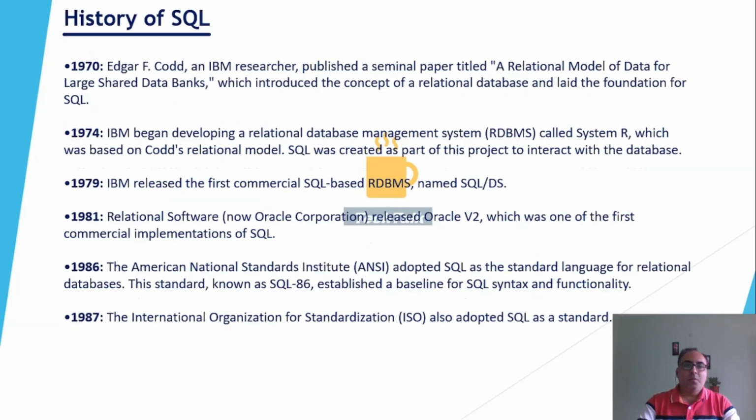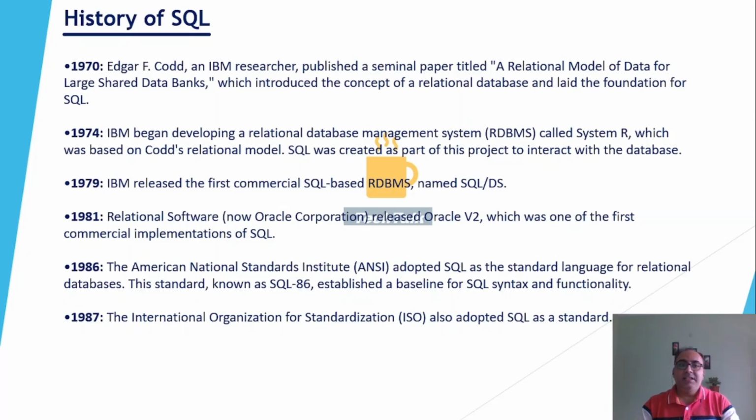Now we'll talk about the history of SQL. In 1970, Edgar F. Codd, who also gave the 12 rules of RDBMS called Codd's Rules, published a paper titled A Relational Model of Data for Large Shared Data Banks, which became the base of relational database management systems and SQL.